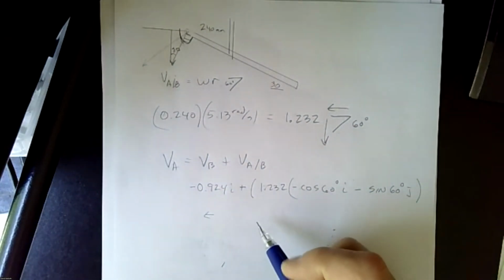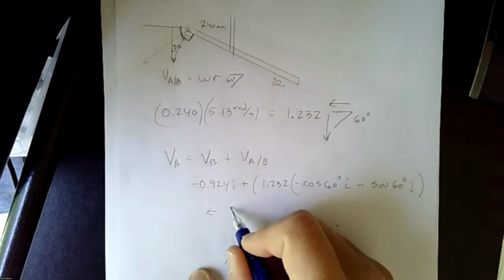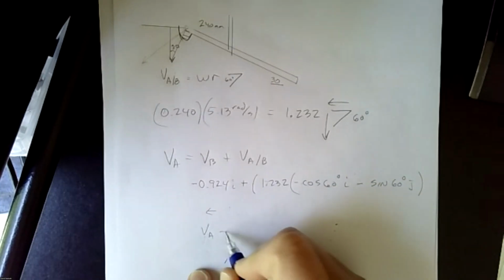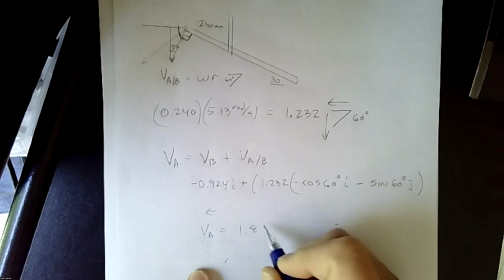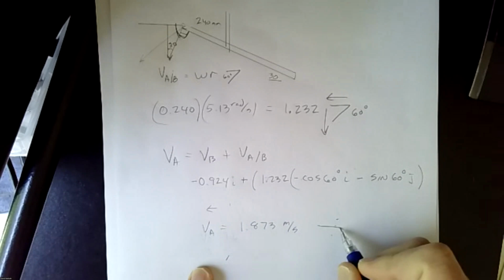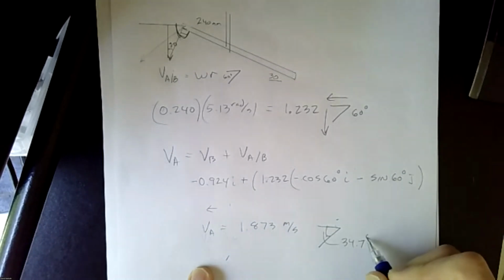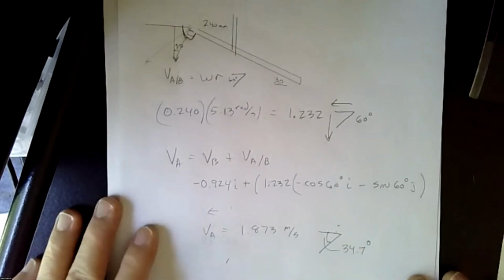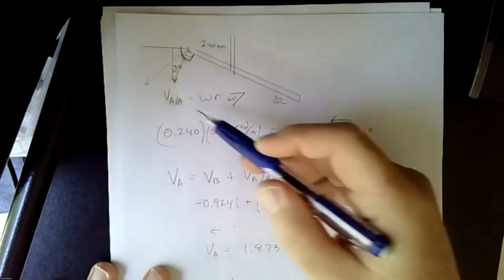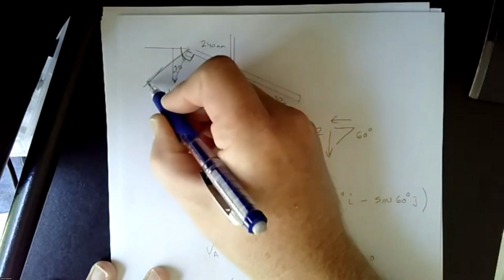We add it together and combine, and velocity of A ends up being about 1.873 meters per second. And then if we take the angle, it ends up being at about 34.7 degrees. Okay. So I know you can do these intermediary steps, not a problem, but that would make sense that velocity of A is going to be somewhere out here.